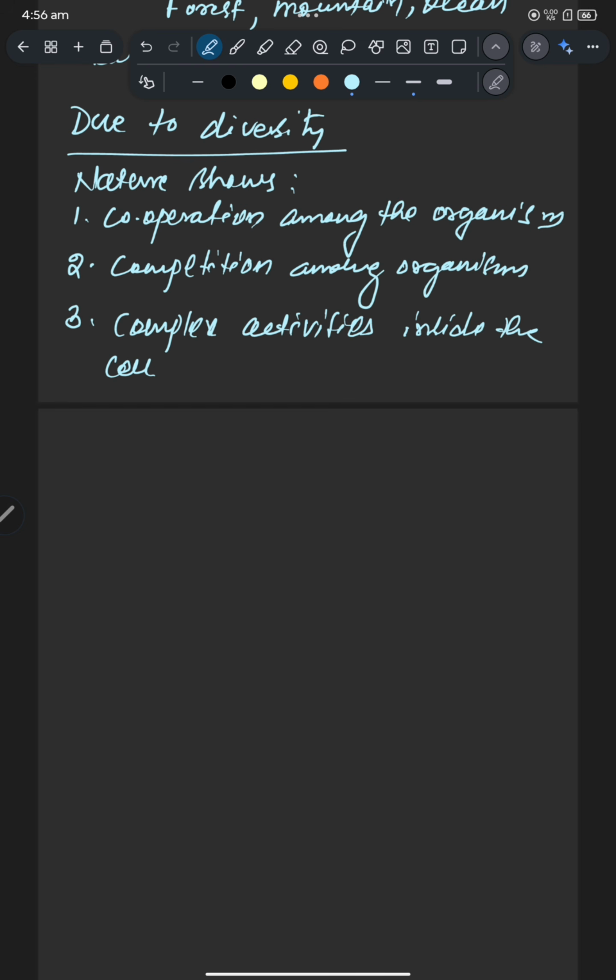That metabolism is mentioned here as complex activities. When there are complex activities in the cell, only then can the organism compete, work cooperatively, and adapt to the environment. So all these external activities are a reflection of the complex activities inside the cell. I think it is clear to you.